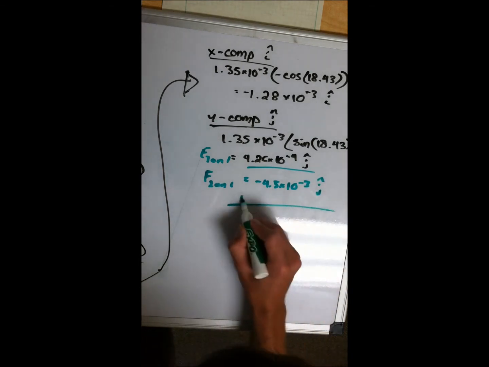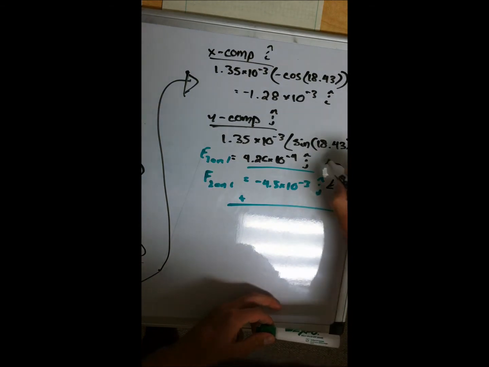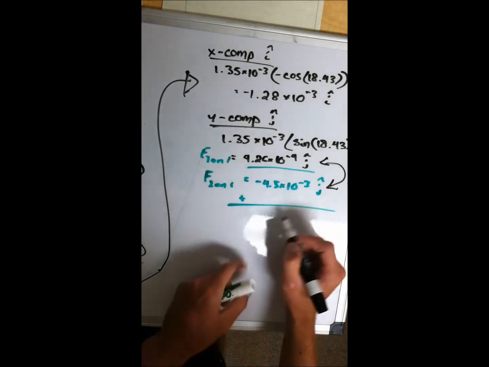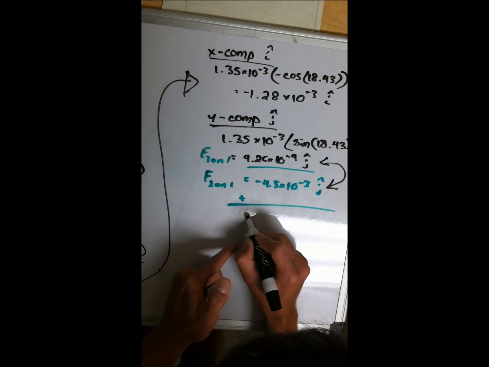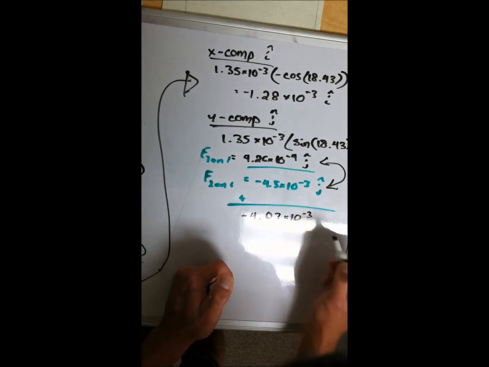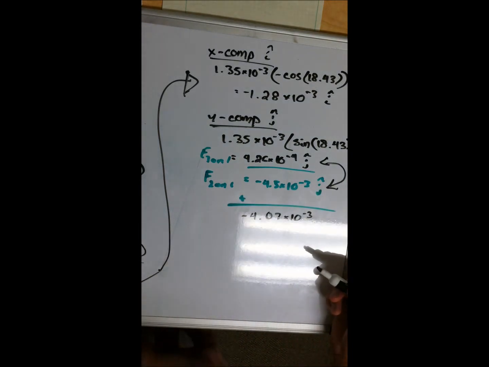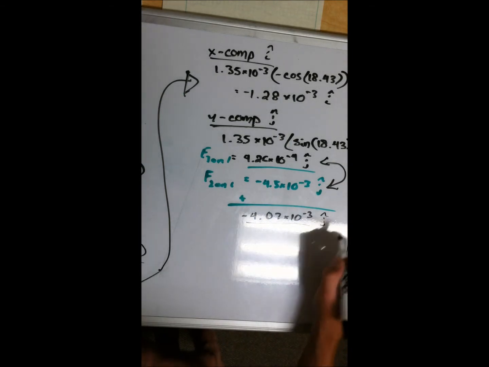When you add those two values up, both your j hat directions, your y directions, you get a resulting value of negative 4.07 times 10 to the negative 3. So it seems about right. A small vector going in the negative y direction, our resulting vector. So that will be the j hat direction.